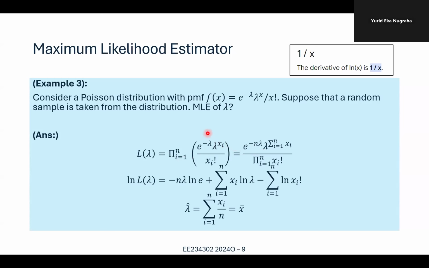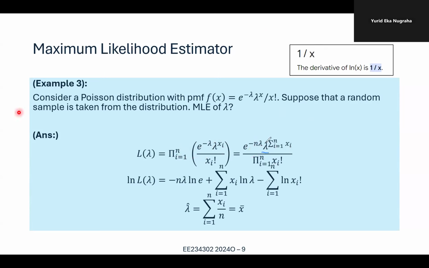So we substitute this multiplication. If you have e to the minus lambda and multiply this n times, e to the minus lambda times e to the minus lambda times e to the minus lambda, that becomes a power, right? So e to the minus n lambda.